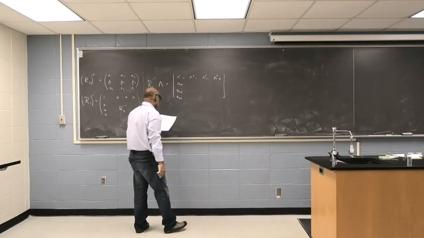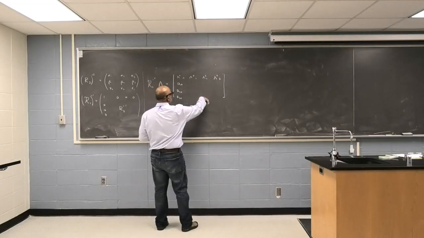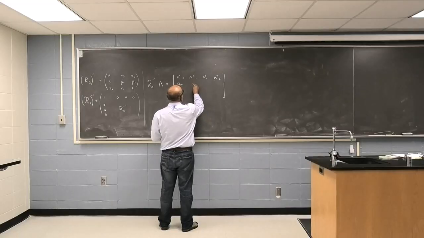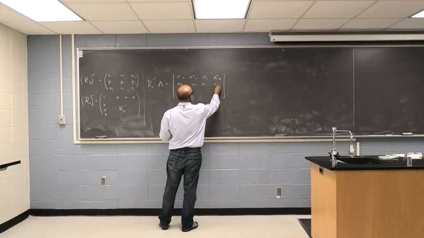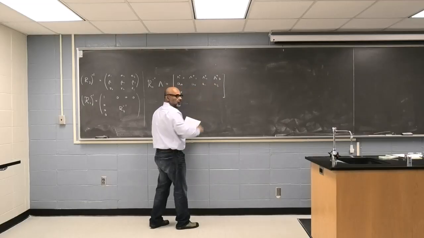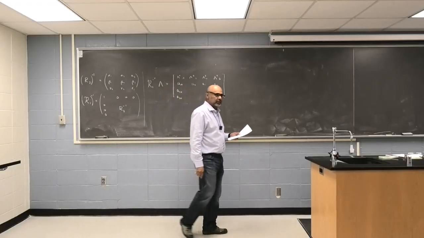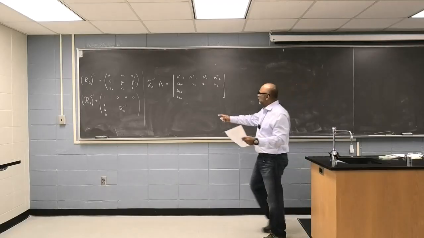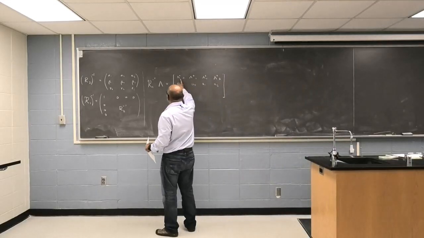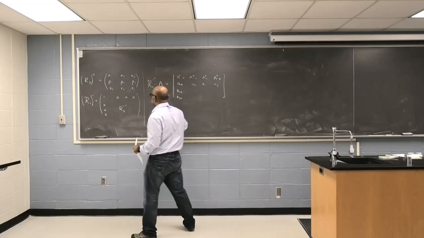Well, I can call it anything I want, and I don't care about this. I'm just going to call it A11, A12, A13, and fill this part up. I'm not worried about that yet. Immediate question to ask: how is this preserved?